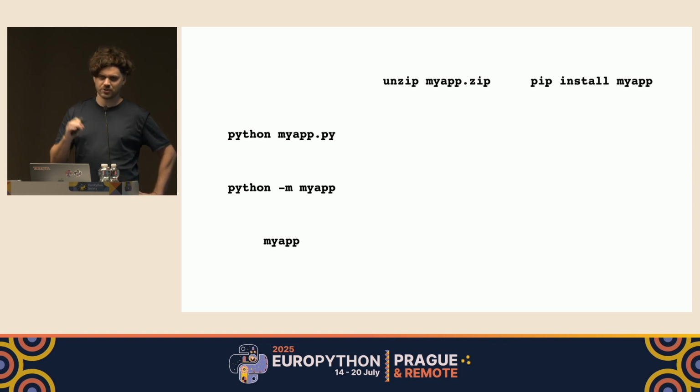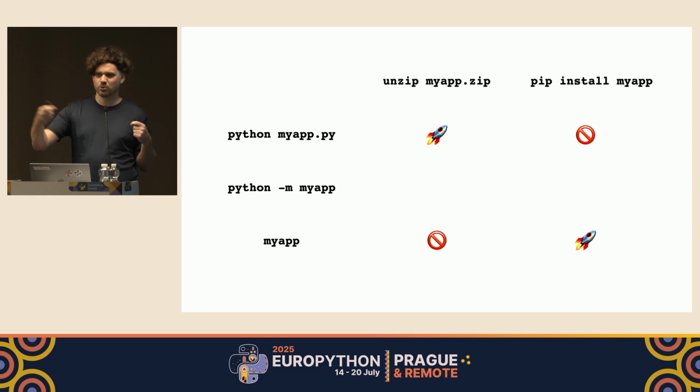Only some combinations work. When I place a script into the current working directory, I can run it easily, but I won't get any command to run. For that, I have to install the package. But when I install the package, I don't really want to call it by its file name, because the file name will be ugly and somewhere that I don't even know where it is.